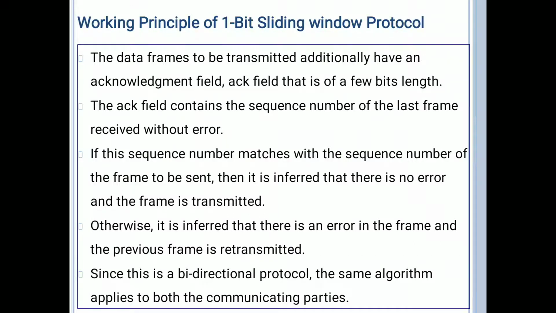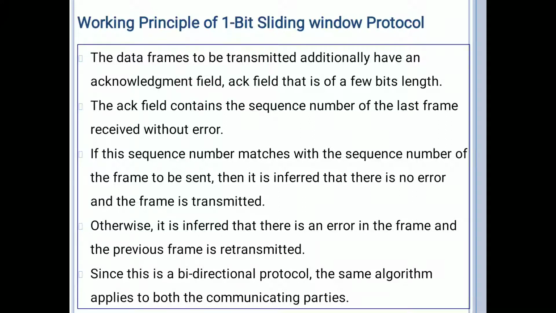So, what is the working principle of one bit sliding window protocol? First, the data frames to be transmitted additionally have an acknowledgement field, and the acknowledgement field is of a few bits length. As we already said, data along with acknowledgement is sent to the receiver.